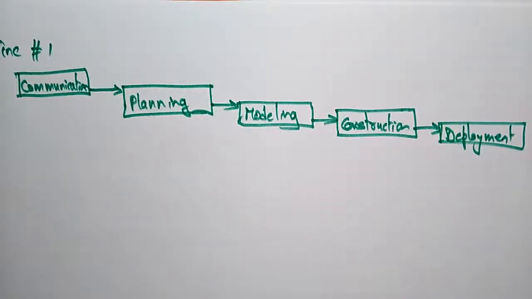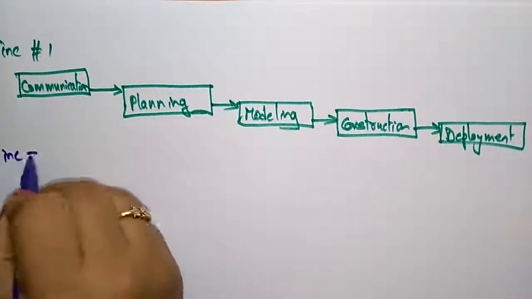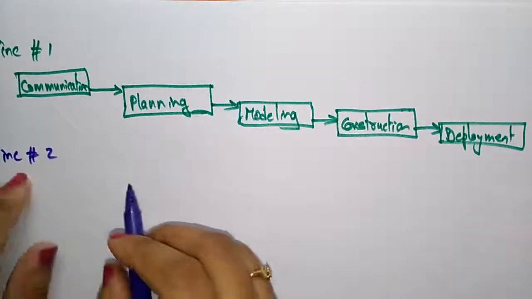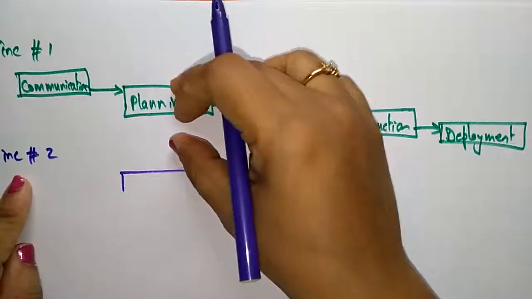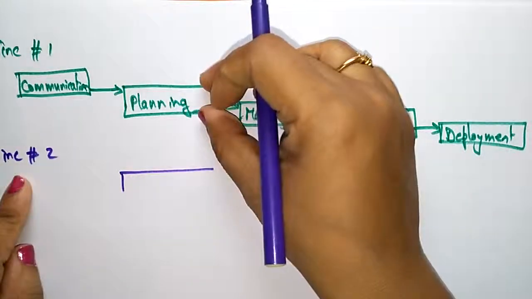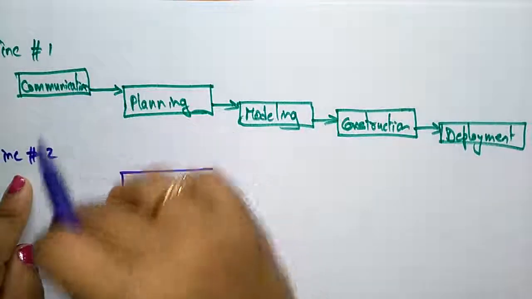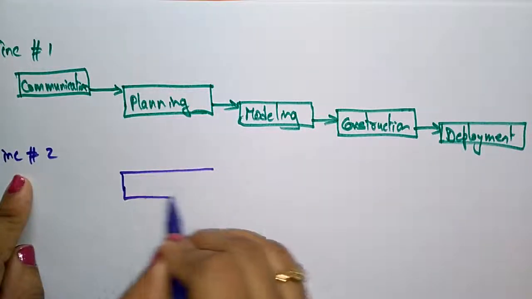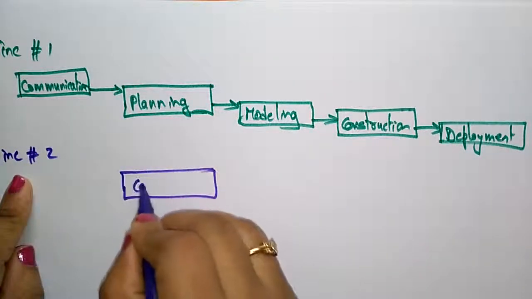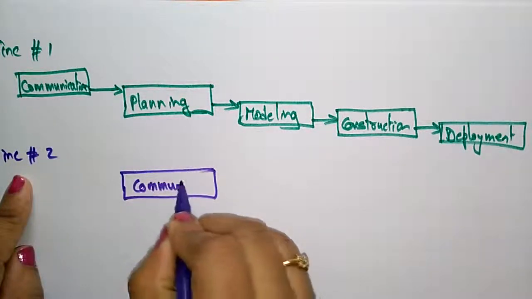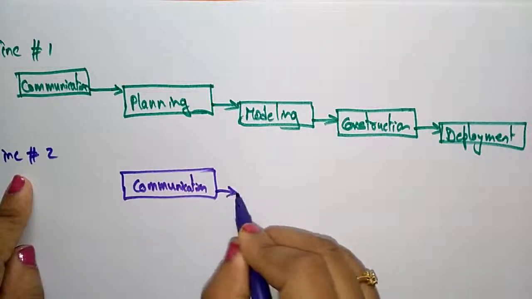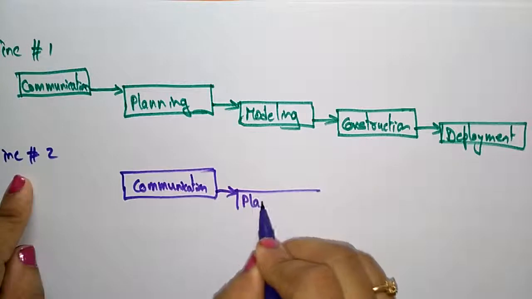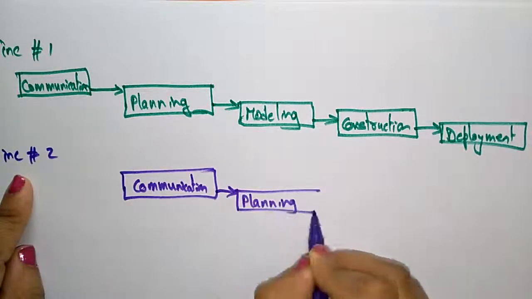Next they take another module in increment 2. Another team takes the other module. They start with communication with the customer, then plan the project of the second module.